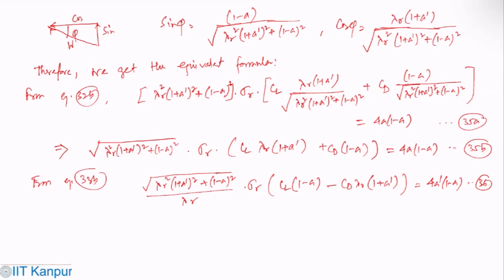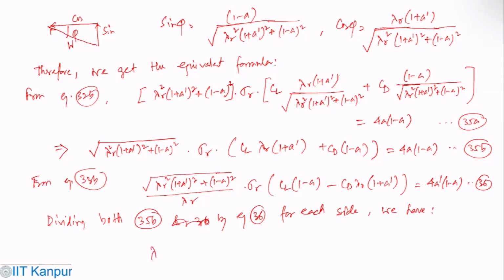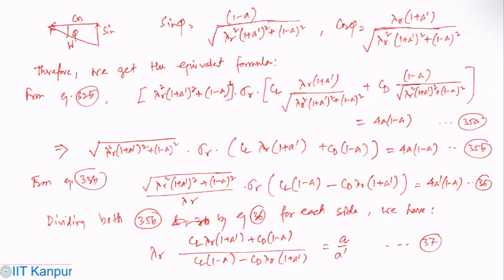Now, what happens if we divide both 35b and 36b, equation 35 by equation 36, on each side we have CL lambda r 1 plus a prime plus CD 1 minus a over CL 1 minus a minus CD lambda r 1 plus a prime equals a by a prime. So we get this.